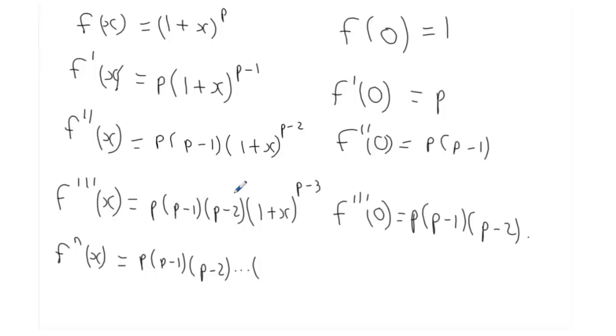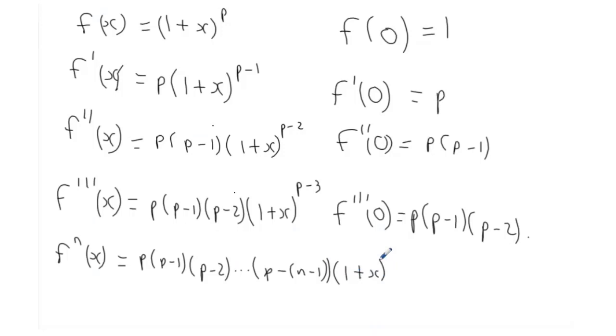For the second derivative, we went up to p minus 1 and so on. So for the nth derivative, it's going to go up to p minus n plus 1. So that's the p bit, and then you're going to have some power of (1 plus x).